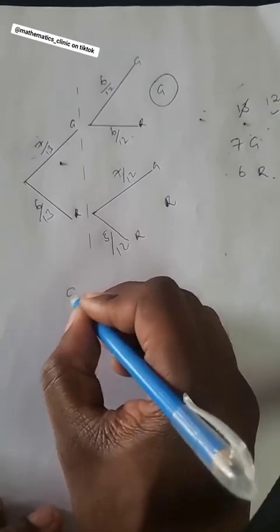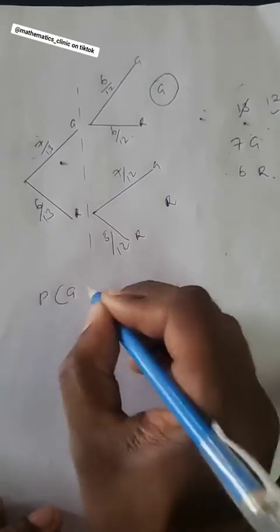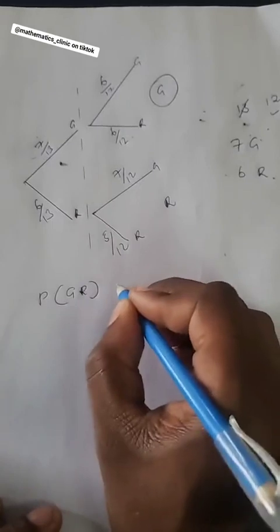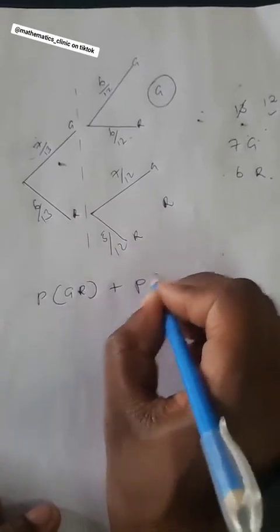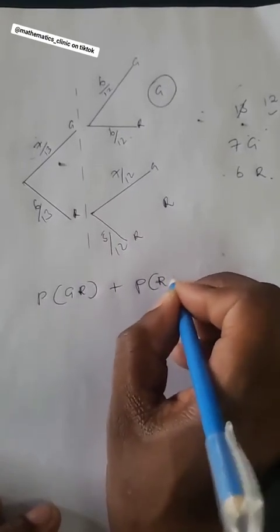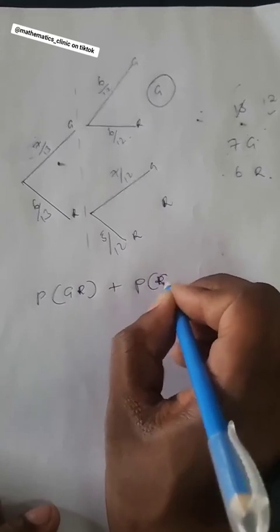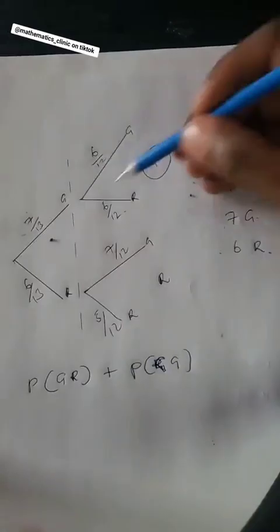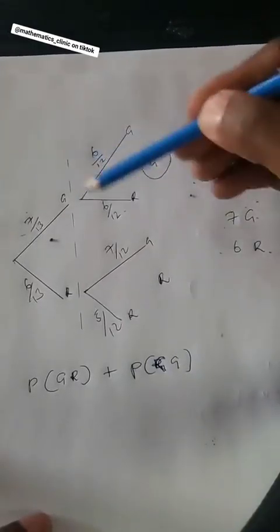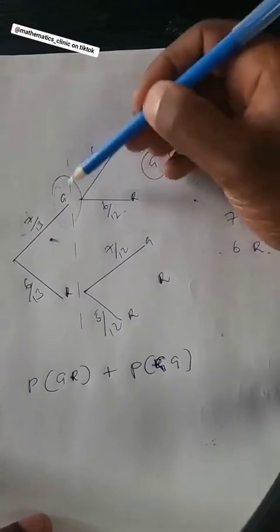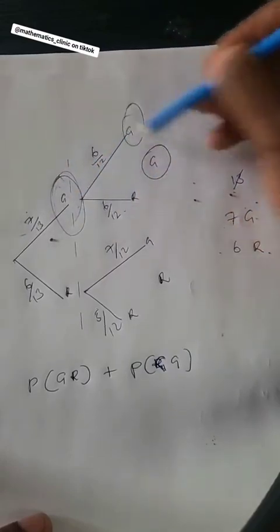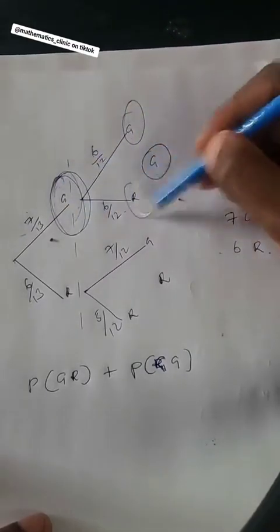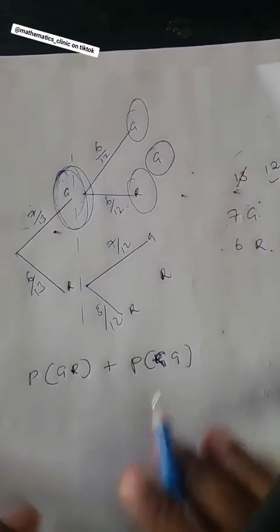So there's a possibility that she started with a green apple, then went for a red apple. Or she went for a green apple, then another green apple. Those are all possible outcomes.